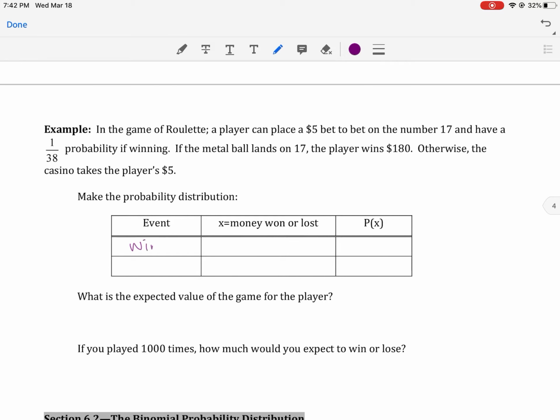So our 2 events are either you win or you lose. If you lose, they take your $5, so you've lost $5. If you win, you get $180. I'll be honest, I'm not a roulette player, so I don't know if you get your initial $5 back as well.